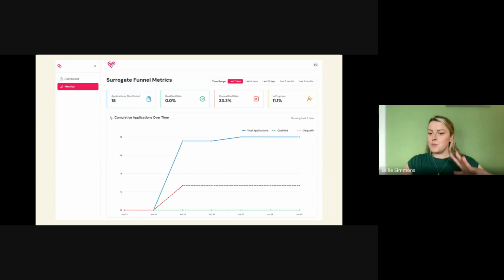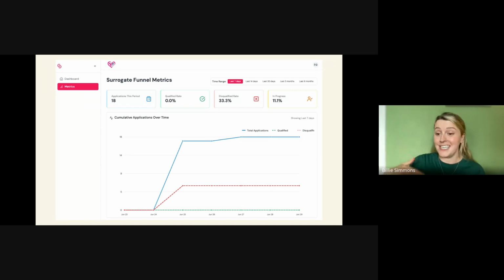And then we also provide a really beautiful top-down look at all of your metrics so that you can really see the impact. I know that Meta Ad Center is really confusing and overwhelming. I get overwhelmed every time I look at it. So this is a cleaner way to see how your ads are performing, who's coming in at the top of funnel, where they're getting through into the process, how many people are disqualifying.